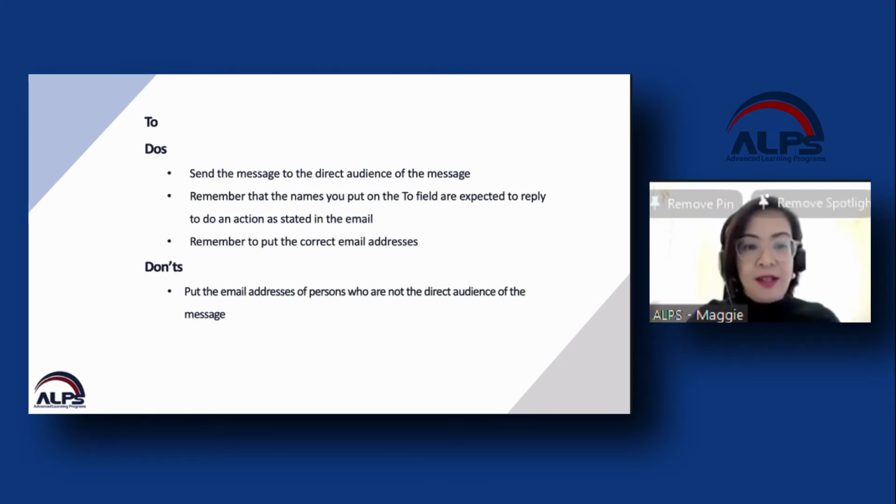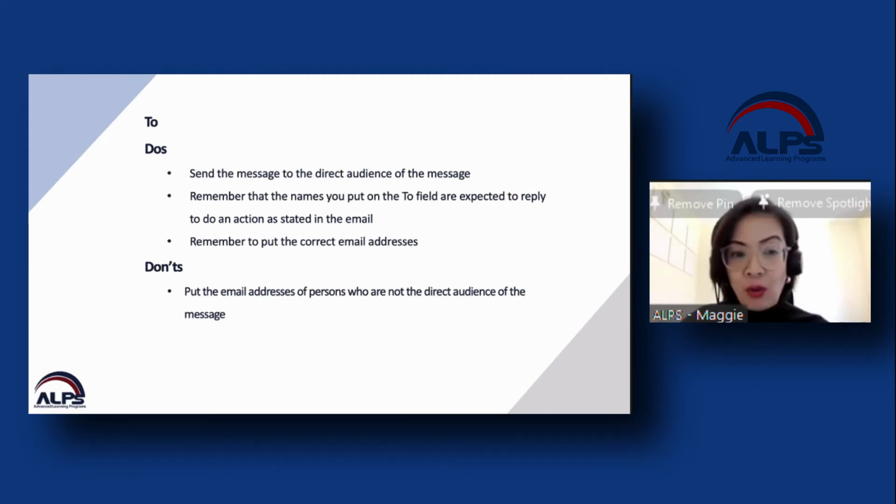So let's discuss this. First and foremost, send the message to the direct audience of the message, right? So if I need to send the email to Nice, I will address the email to Nice. Okay? If I want to send an email to another person, let's say Hope, but the email isn't directed to her, meaning in my body, it says "Hi Nice," not "Hi Hope," then maybe I can put Hope in the CC.